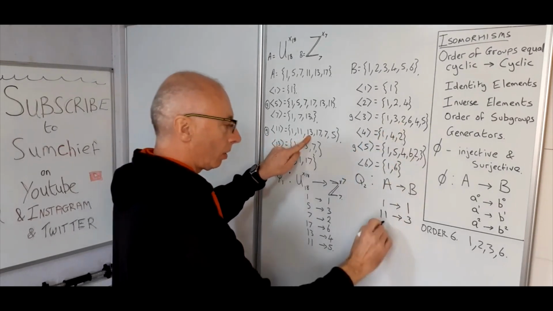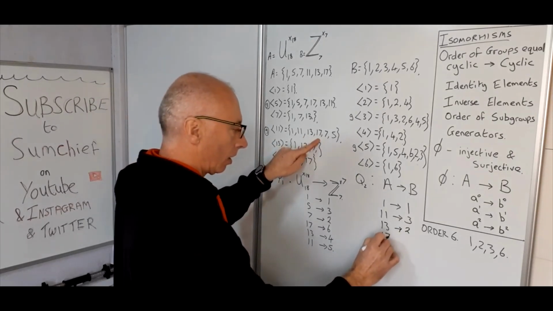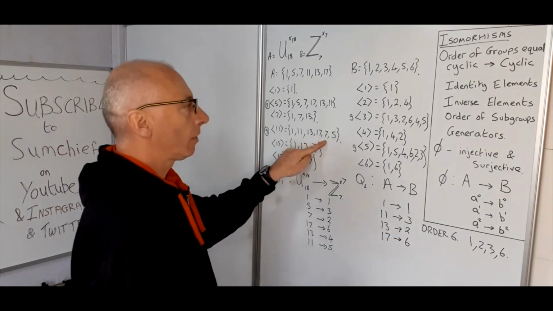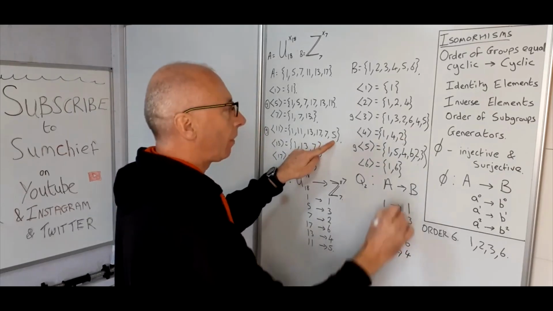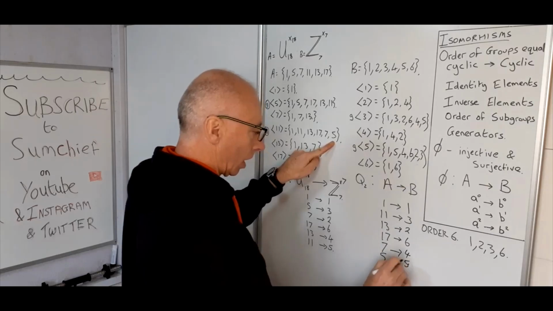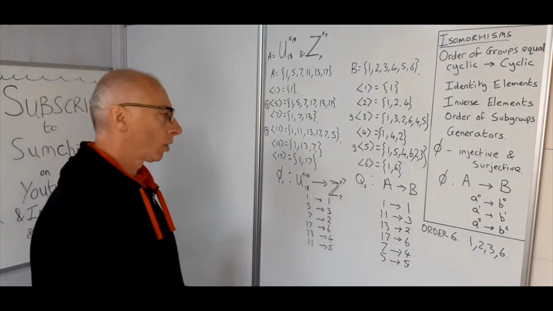13 maps to 2. 17 maps to 6. 7 maps to 4. And 5 maps to 5. That's another isomorphic mapping between the 2 groups.